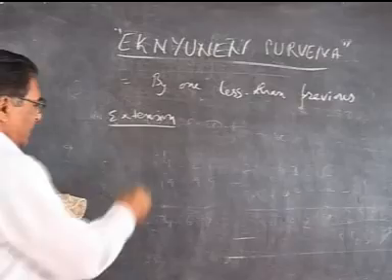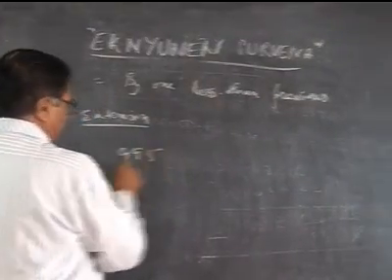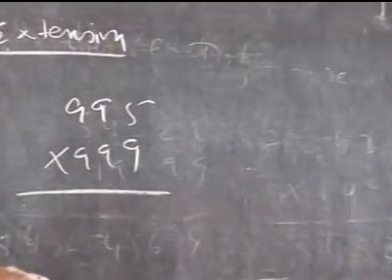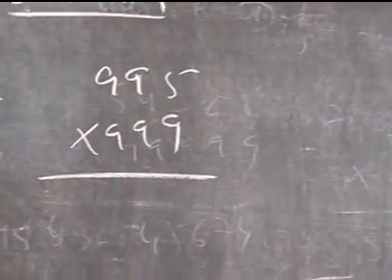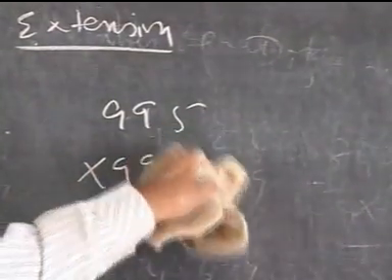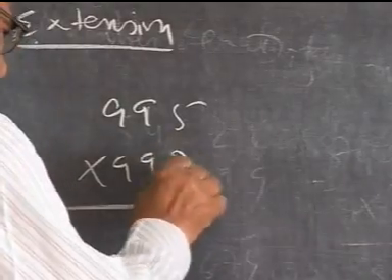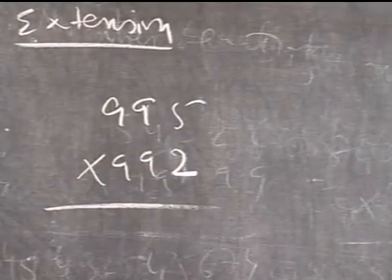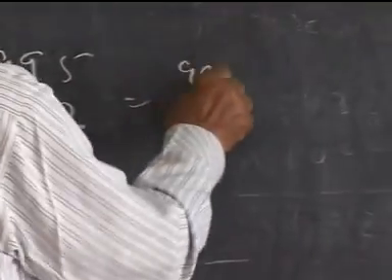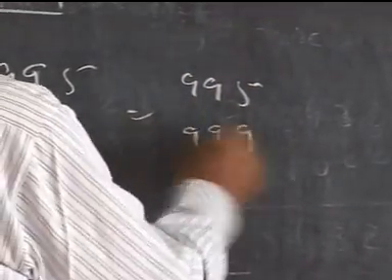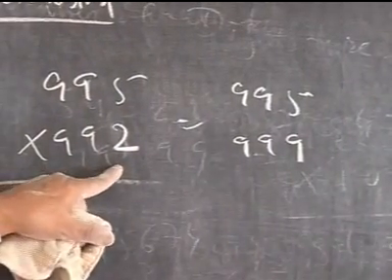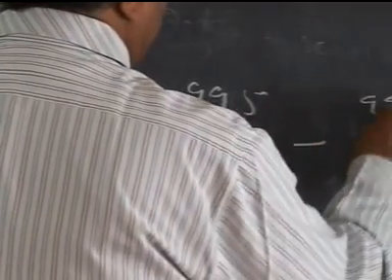For example, you want 995 into 999. See, instead of 9, I change it. Suppose it is 2, then obviously you want to turn it to 9. So 995 into 999. I adjusted 7 more, so minus 995 into 7.